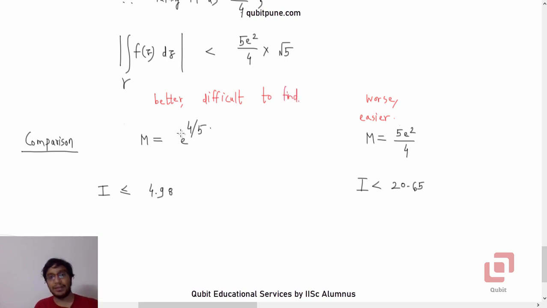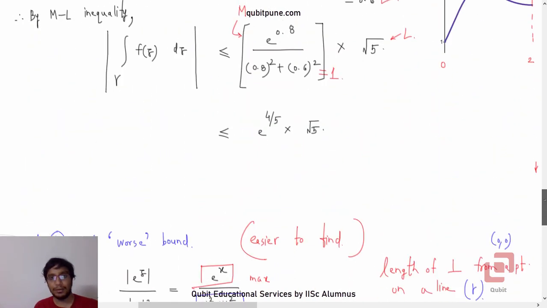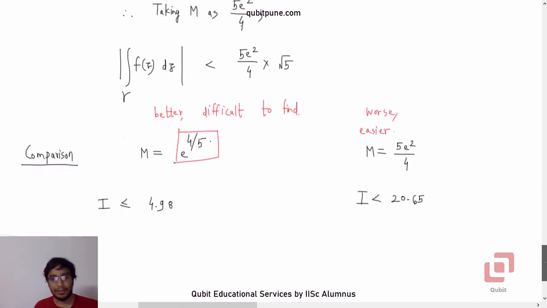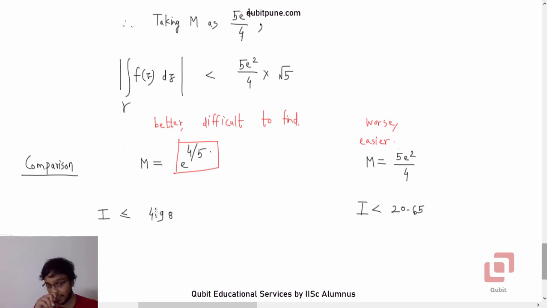There we had got M as e to the power 4 by 5, and if you multiply it by root of 5, the approximate value will be 4.98. So I has to be less than or equal to 4.98. And the next M value that we have got, the easier way to find it, is 5 e to the power 2 upon 4, and if you multiply it by root of 5, that is, L is not changing in both cases obviously, it will be 20.65.